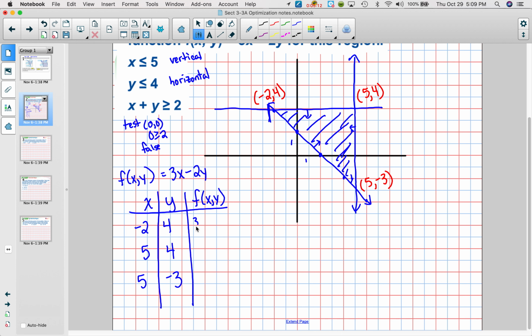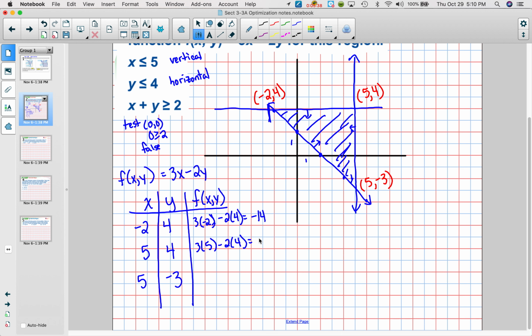So here I'm going to do 3 times negative 2 minus 2 times 4. So I get negative 6 minus 8, so we get negative 14. Here we're going to have 3 times 5 minus 2 times 4.